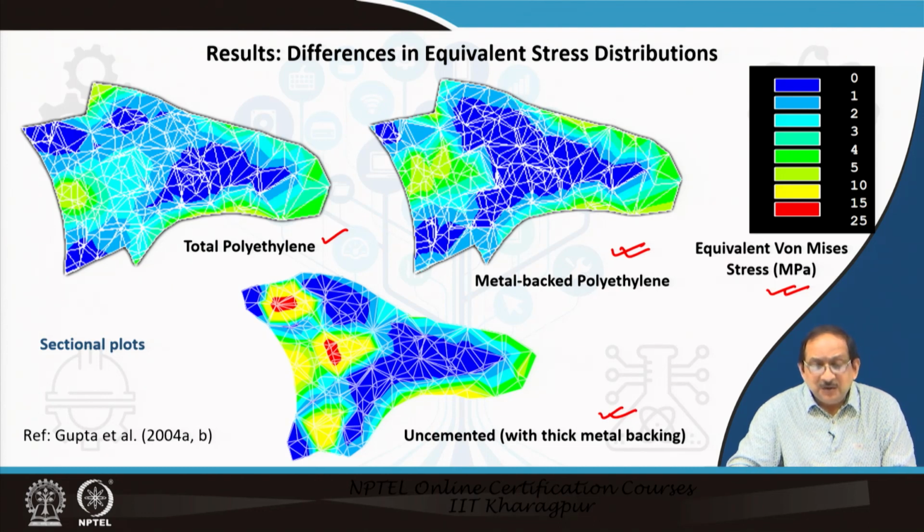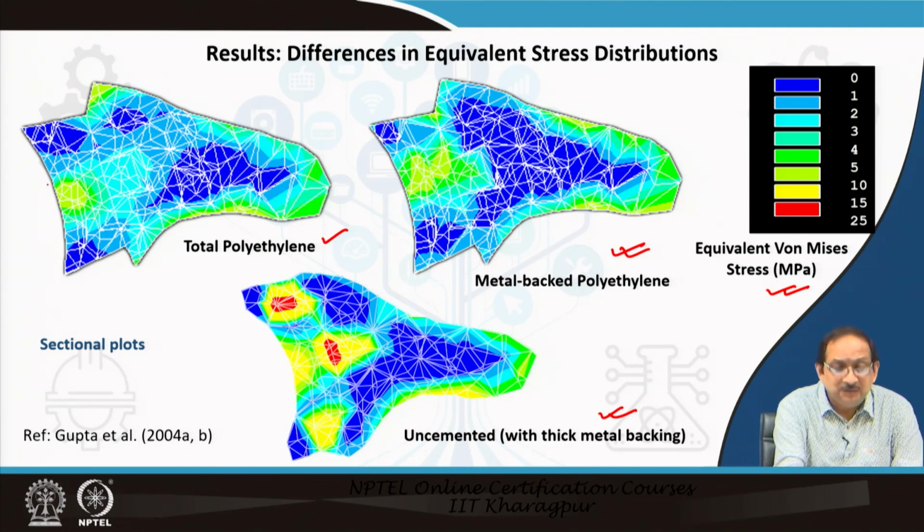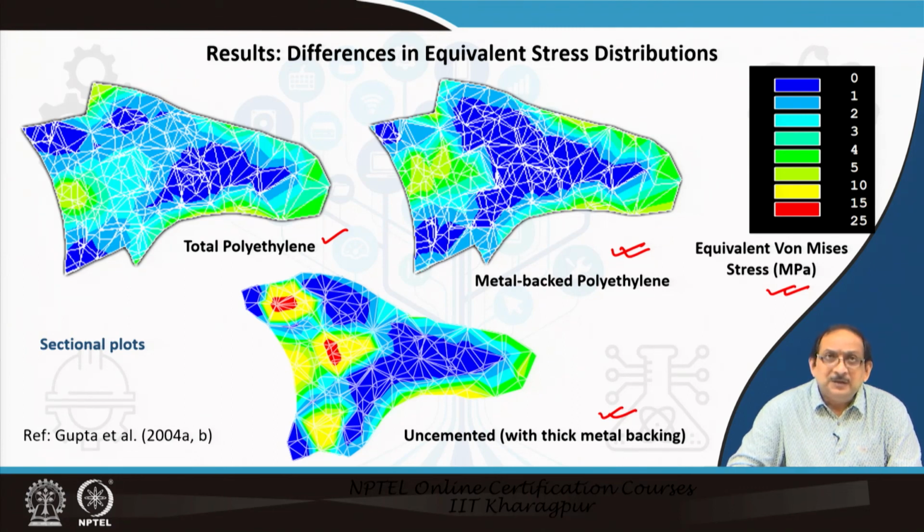In case of total polyethylene design, we can see the load is transferred from the prosthesis through the cancellous bone. It is distributed within the bone structure.